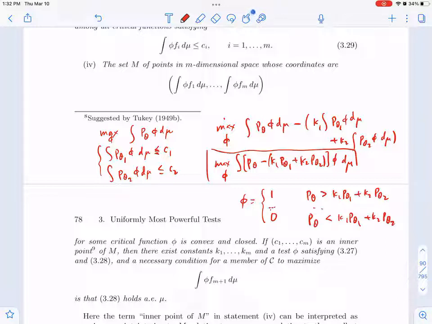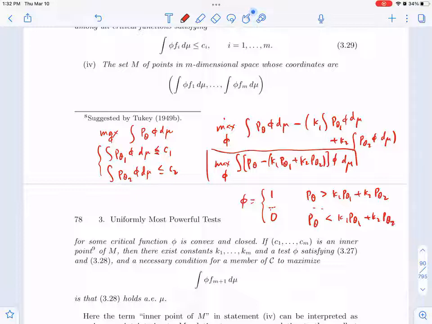Okay, so that's like a generalized form of the Neyman-Pearson lemma. So if you want to have a test that satisfies 2 constraints, sometimes they're equality, but we can easily argue that if you have a test like this, then it maximizes this guy subject to these inequality constraints. Okay, so is this sort of clear?